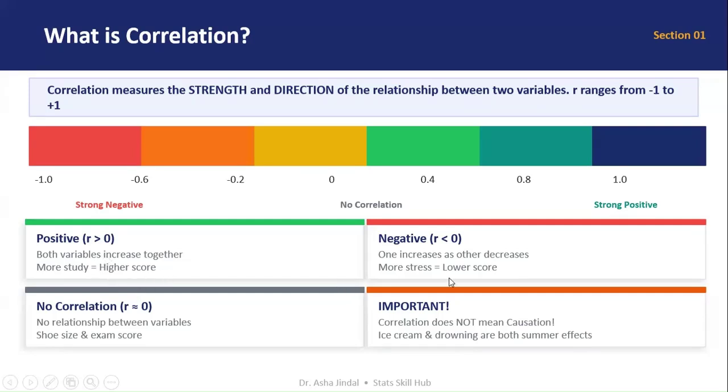If small r is negative, one variable increases while the other decreases. If r is close to 0, there is no meaningful relationship between the variables. One very important point: correlation does not mean causation. Just because two variables are related does not mean one causes the other.